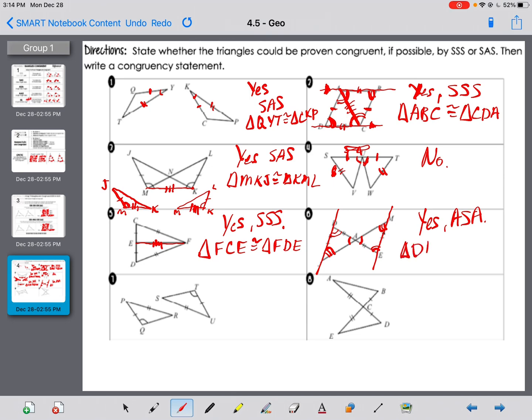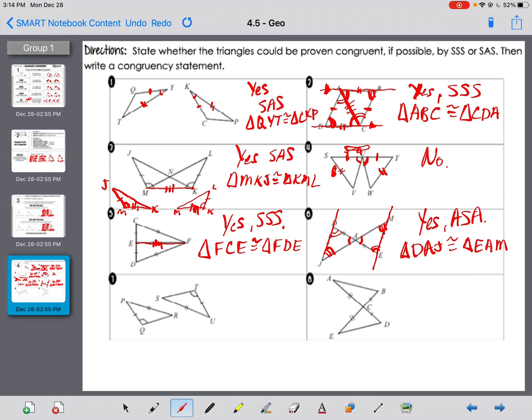And let's see. Triangle D A J is congruent to triangle, D was equal to E, and then we're going to go A, and then M. E-A-M. That's how she goes.